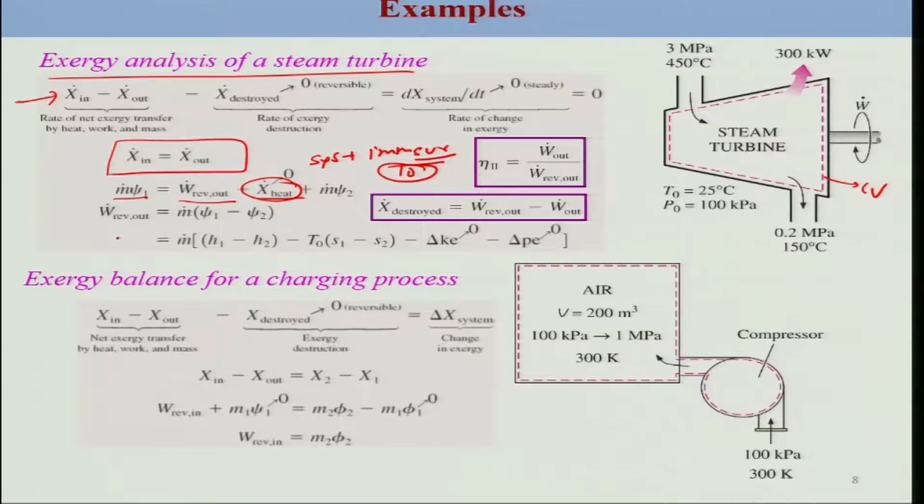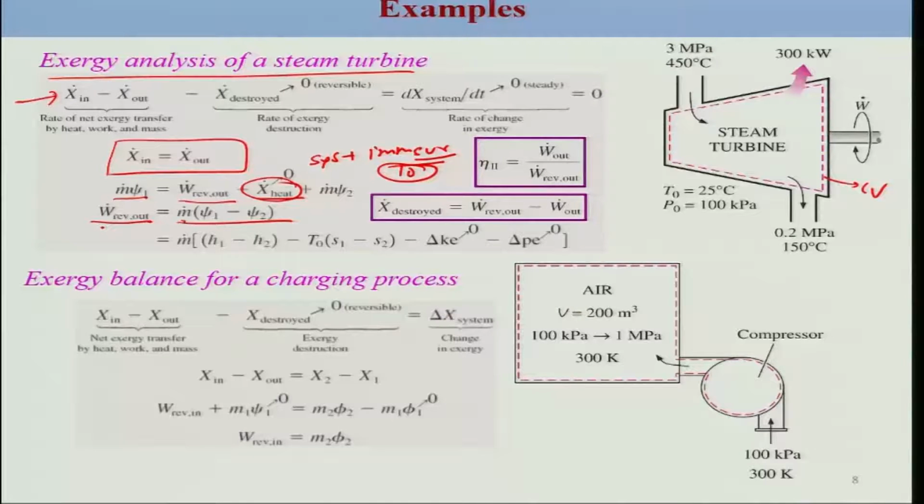Okay, and thus your W reversible out will simply be this expression, and you can find out the reversible work. Now this would be the condition for your reversible maximum power based on this exergy analysis of the extended system, where you consider system plus immediate surrounding.